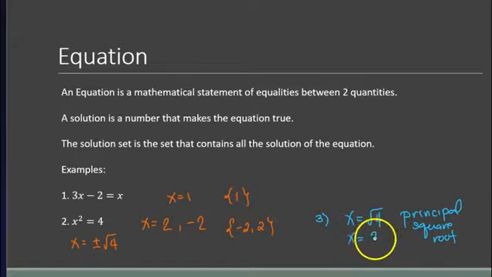Hence, the answer here is just positive 2. I hope that the difference between these two is clear. For the second item, we're looking for all the square roots of 4, hence negative 2 and positive 2. But if the question already has the radical sign, then that means you're only looking for the principal square root.